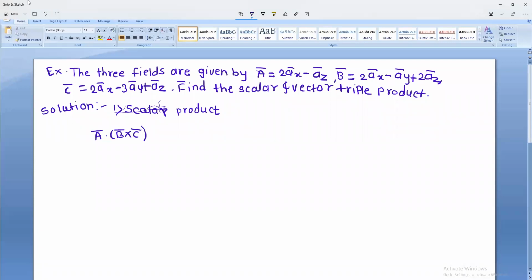Here also three vectors are A bar, B bar and C bar. That's why A bar dot B bar cross C bar is equal to, in determinant, AX, AY, AZ, BX, BY, BZ and CX, CY, CZ.